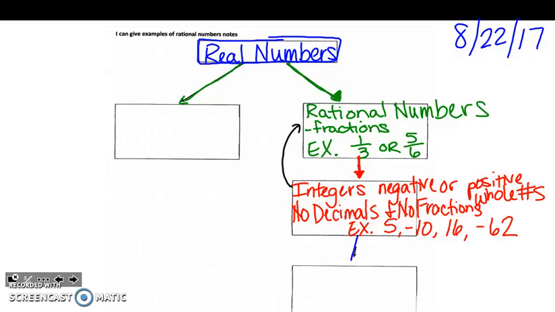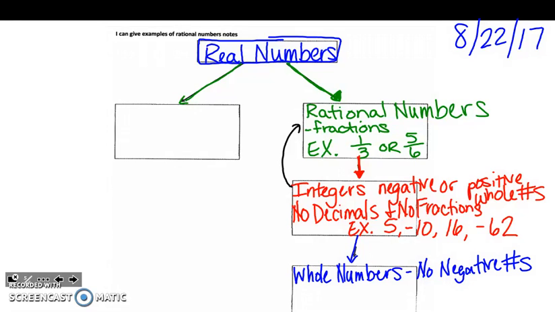All right, and then the next one is going to be whole numbers. Whole numbers include everything that integers does except for negative numbers. So down here, there are no negative numbers. Okay. There's still no decimals, and there's still no fractions, okay? The big thing to remember about whole numbers is it includes 0, okay?